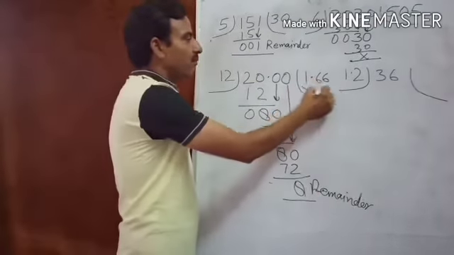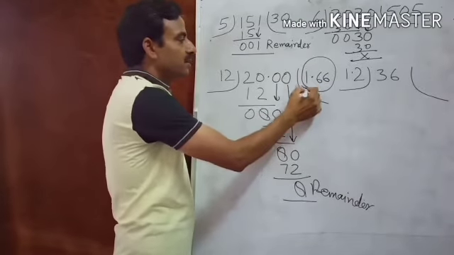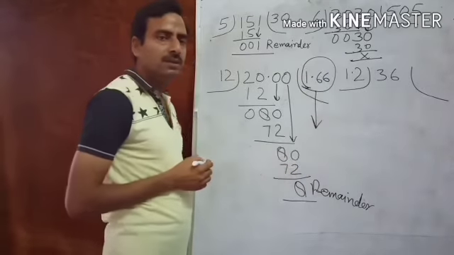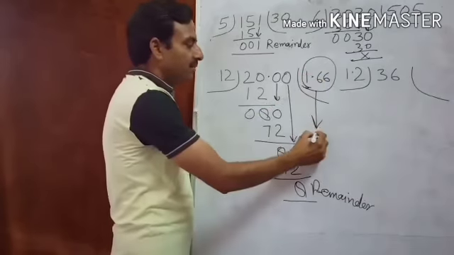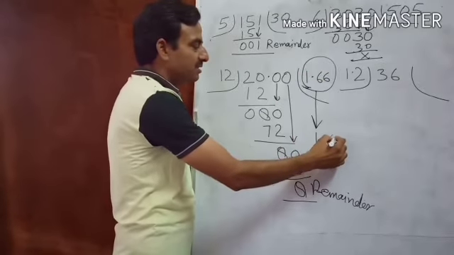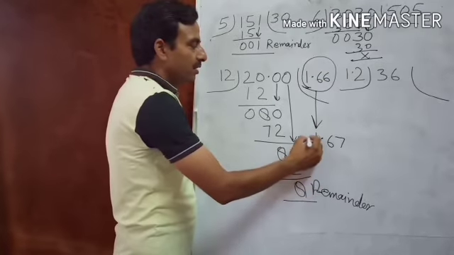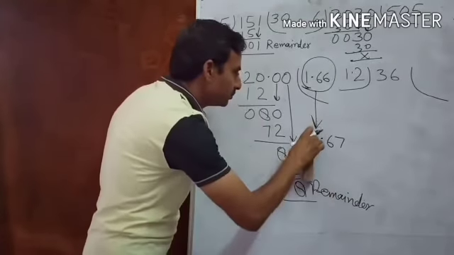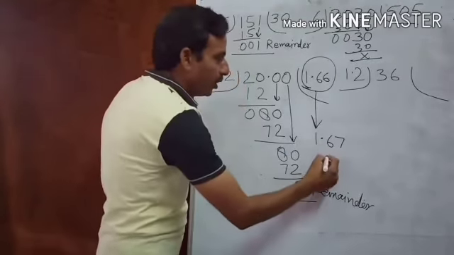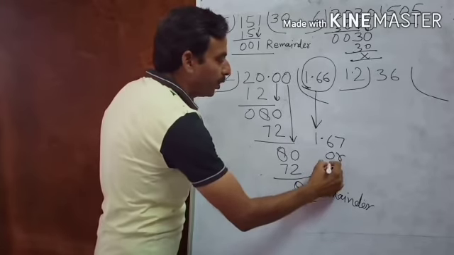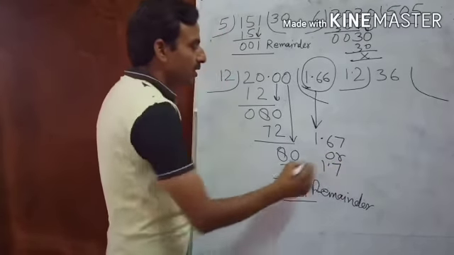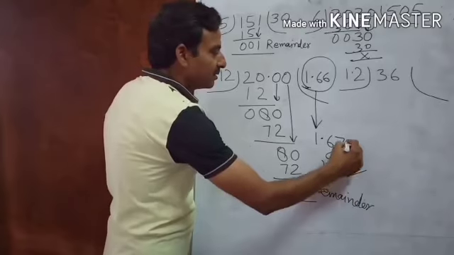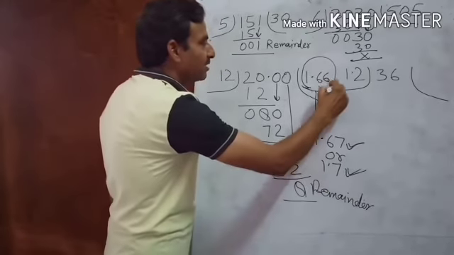Your answer is 1.66, but you can write it 1.67, otherwise 1.7 also. This one is correct, this one is correct, and this one is correct.